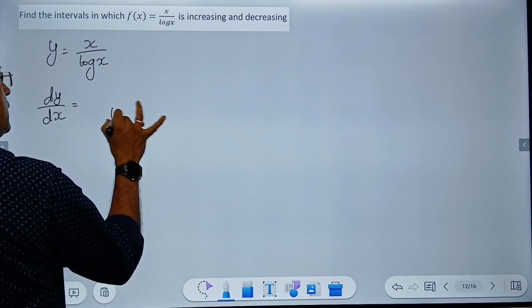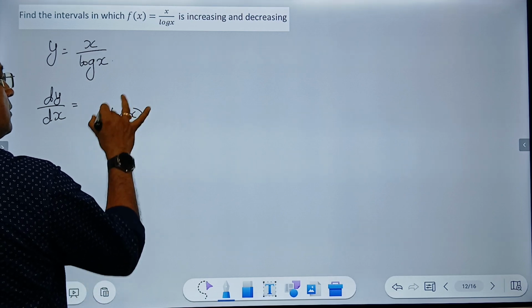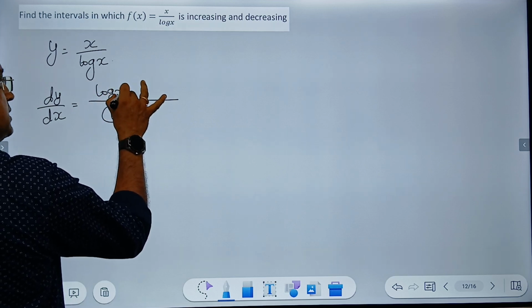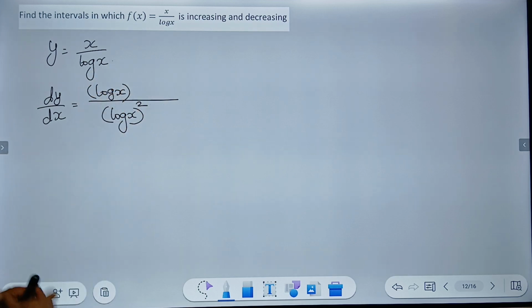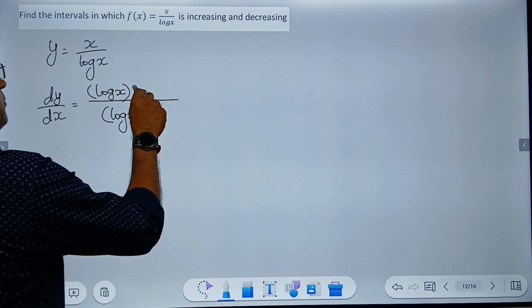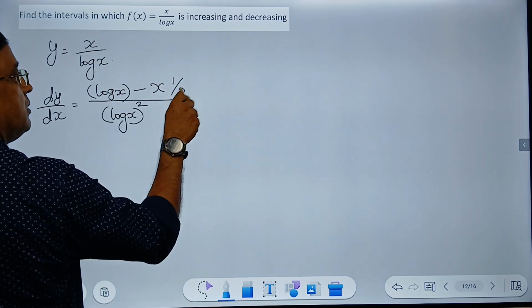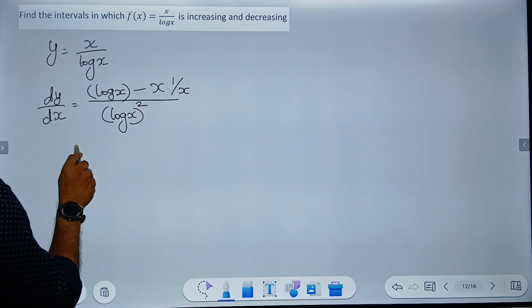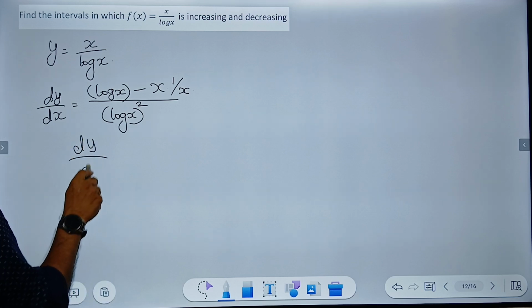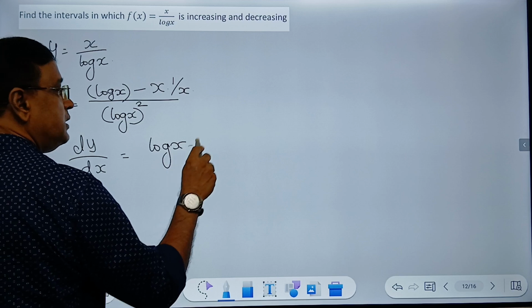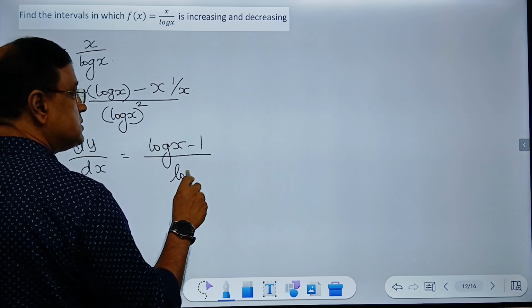I get log x the whole square in the denominator, and in the numerator log x, where the logarithm is to the base e, times the differentiation of x, which is 1, and then minus x into the differentiation of log x, which is 1 by x. Therefore, I get dy by dx equal to log x minus 1 by log x the whole square.